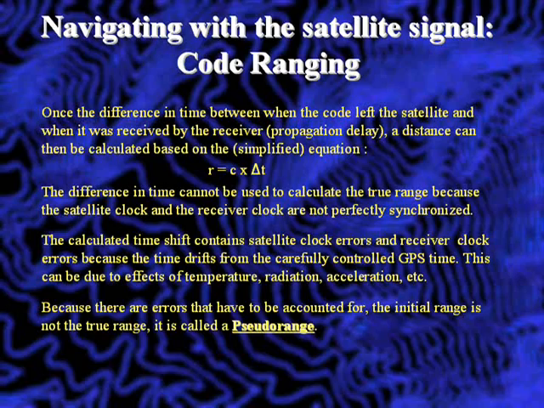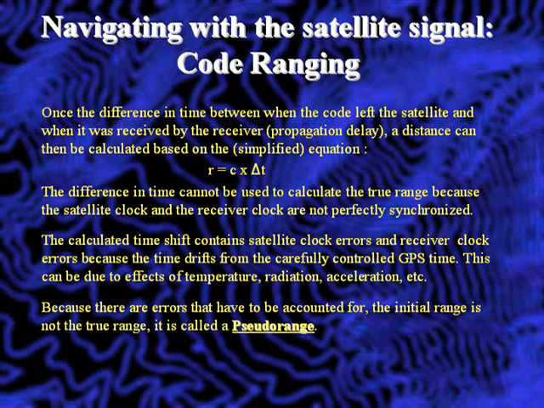Now then we can come back to this equation here. The range equals the speed of light times the delta t. Delta t is just what we determined by overlapping those signals. Now, there are still some errors included in that, specifically clock errors.